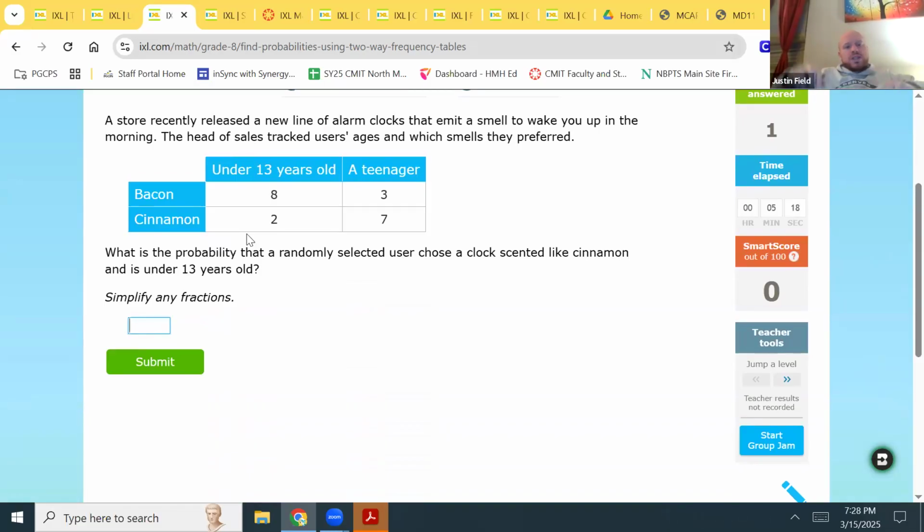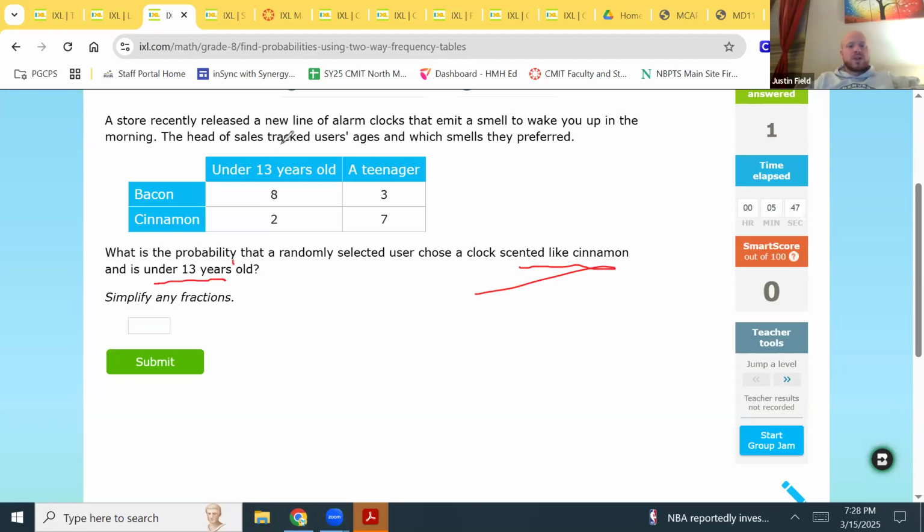A store recently released a new line of alarm clocks that emit a smell to wake you up in the morning. Interesting. The head of sales tracked users' ages and which smell they preferred. What is the probability that a randomly selected user chose a clock scented like cinnamon and is under 13 years old?